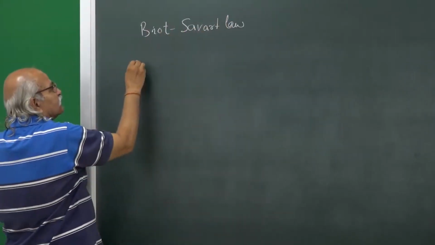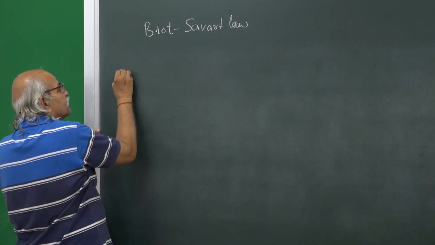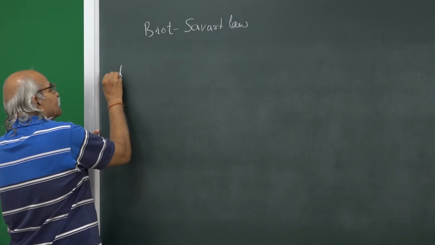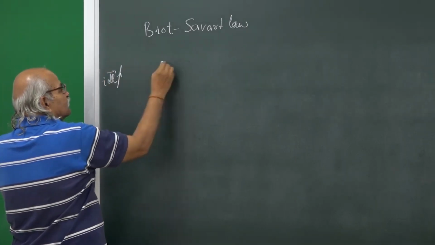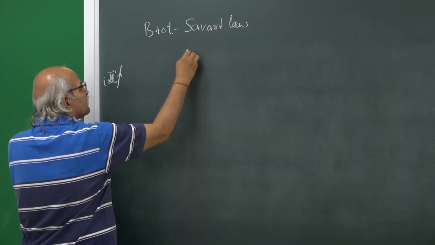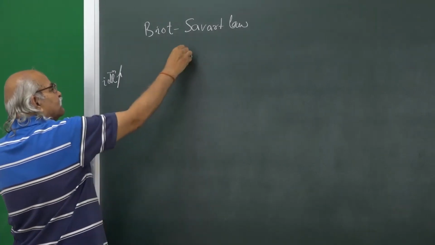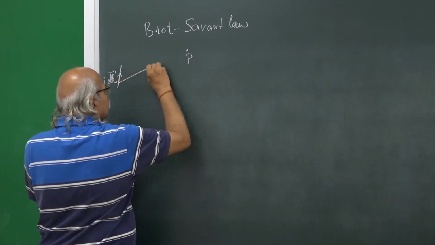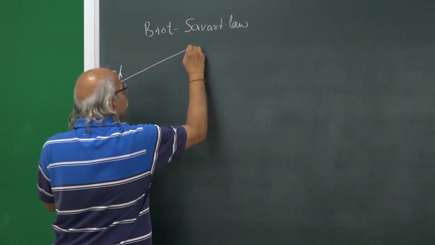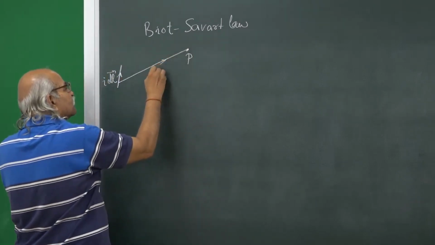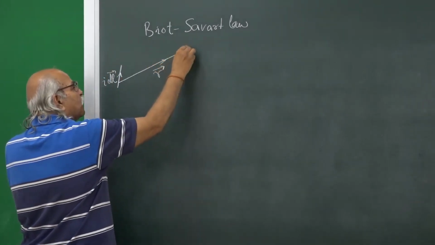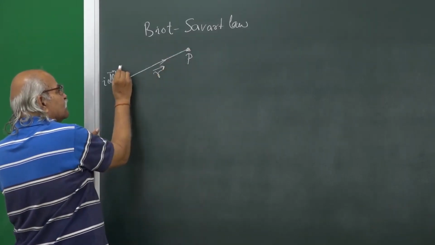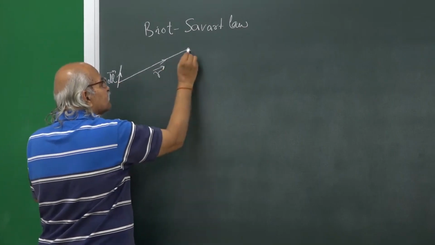And you know this, if you have a current element, I will talk about what this current element is, and then you have some point P where you want the magnetic field due to this current element, then you connect this current element to this point P, and call this vector the position vector r of the point where field is needed, starting from the current element because of which the field is needed.